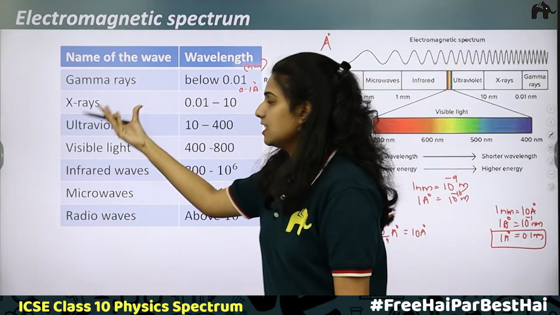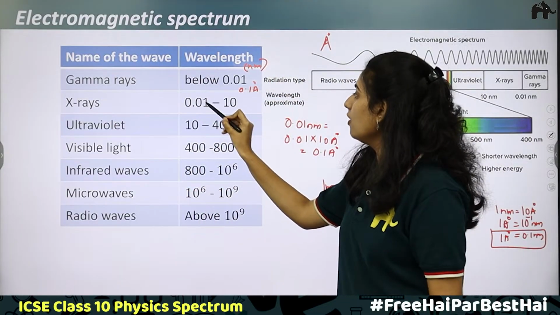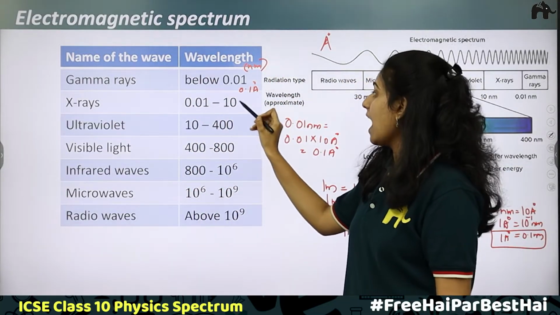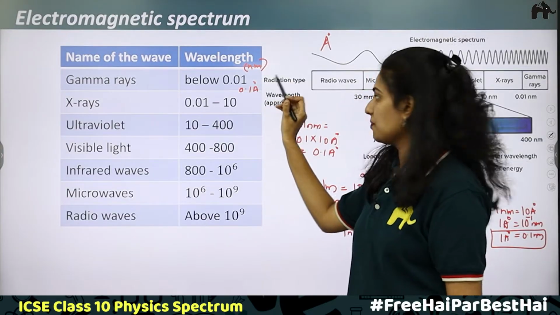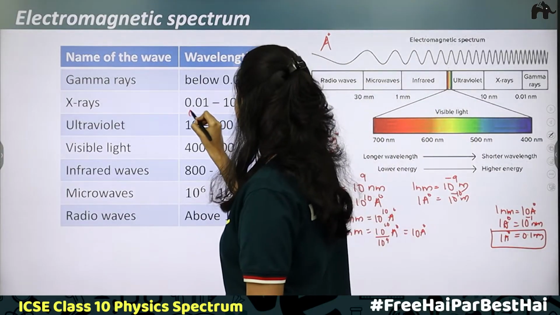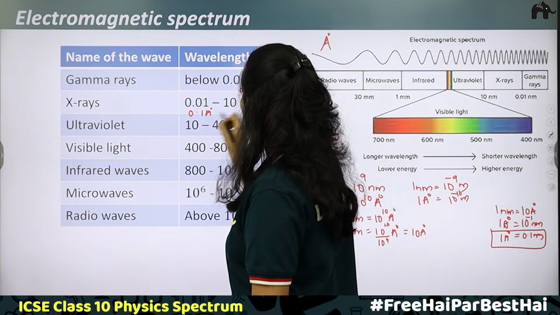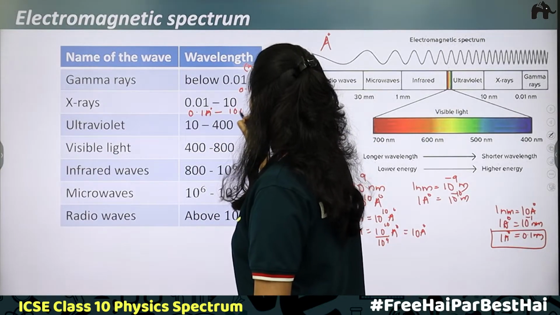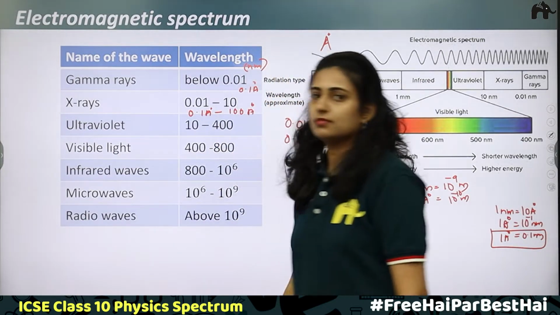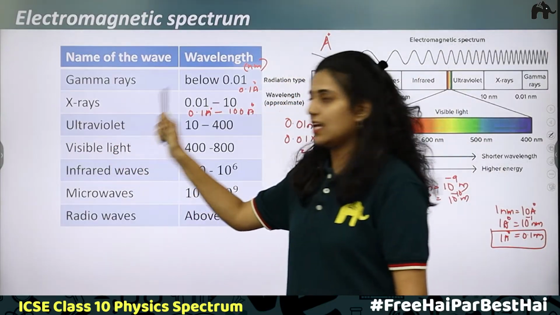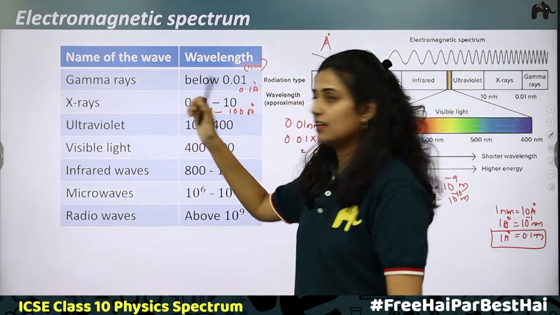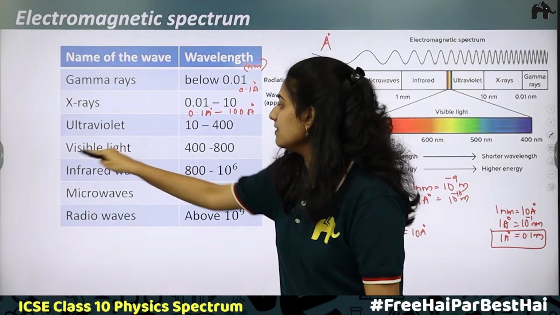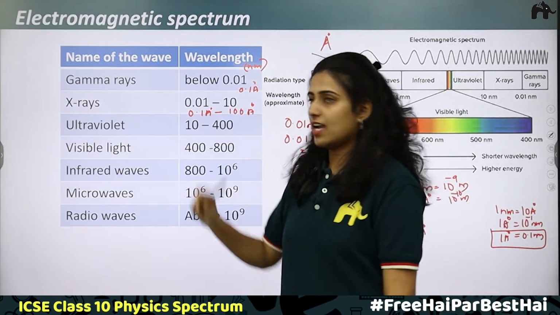Then X-rays. X-rays are between 0.01 nanometer and 10 nanometer, or 0.1 angstrom to 100 angstrom. Next comes the ultraviolet. We know just close to the visible light we have ultraviolet radiations.